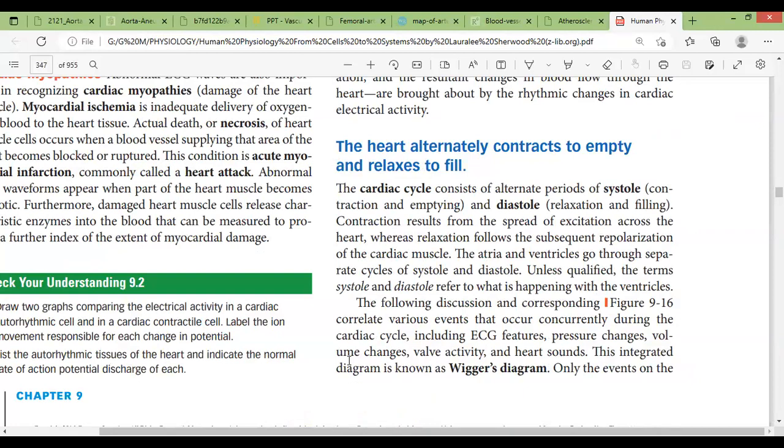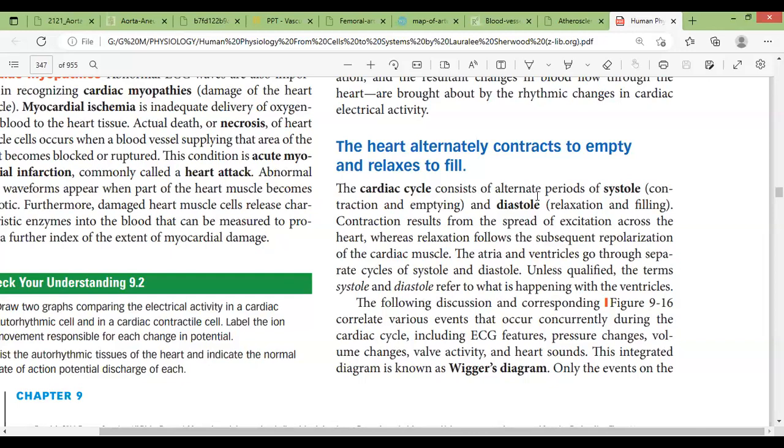She explained diastolic, right? Guys, hello, she explained systolic. I explained systolic, where the heart contracts and pushes out the deoxygenated blood.